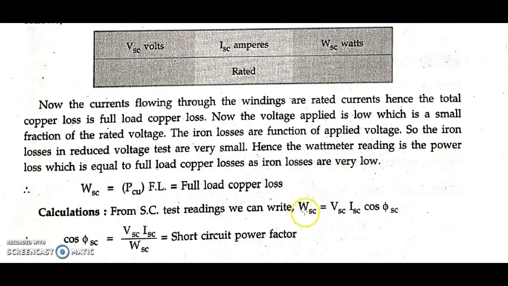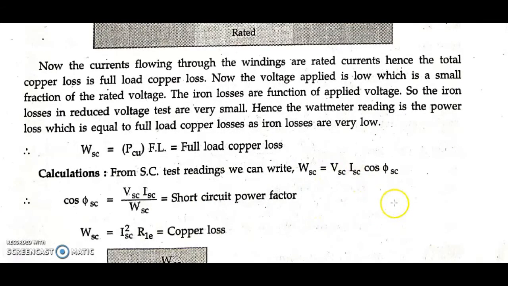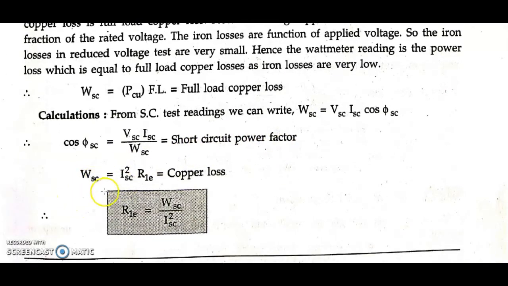Again, the formula is the same: WSC equals VSC ISC cos phi SC. VSC and ISC are known, and the WSC value is also known, so you can calculate cos phi SC. That gives you the short circuit power factor, just as the open circuit power factor, cos phi naught, came from the OC test. Next, WSC can also be written with one more formula, because copper loss is given by I square SC into R1E.